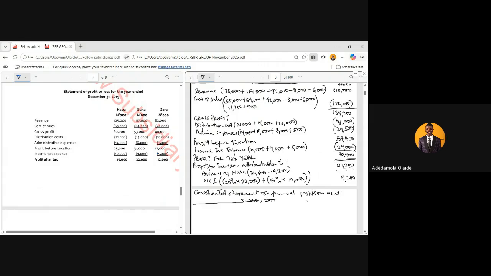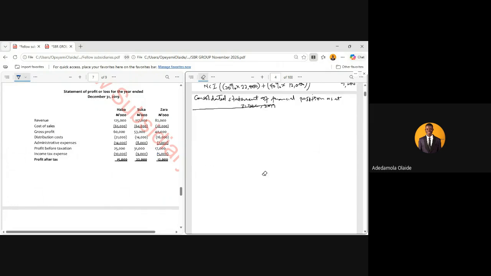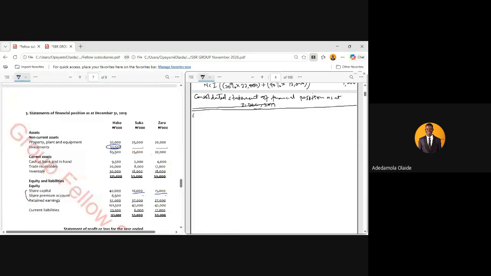So what do we have? So we have this. So what do we do? I would go to my statement of financial position. Non-current assets, what do we have? PPE.